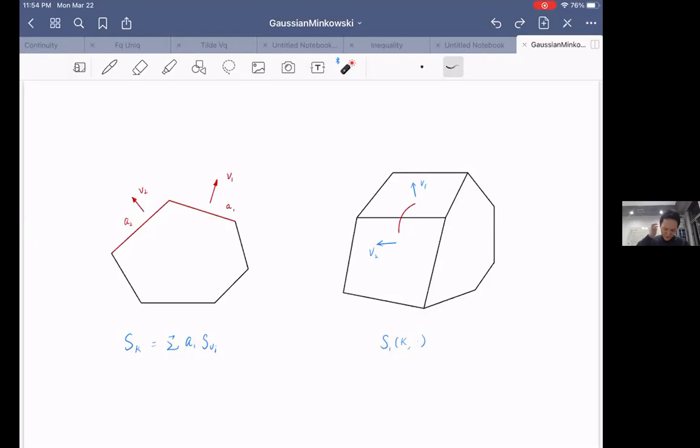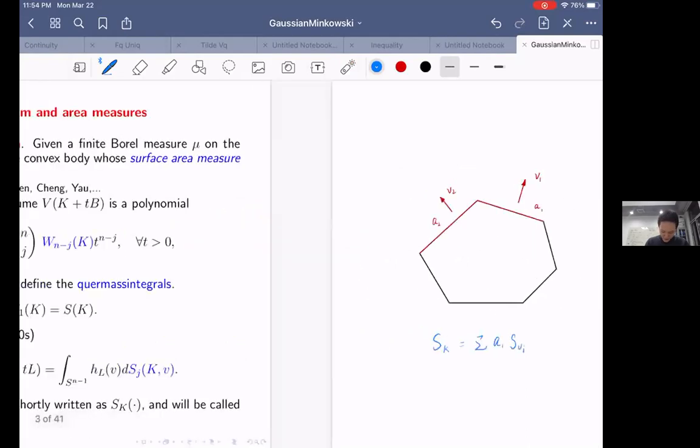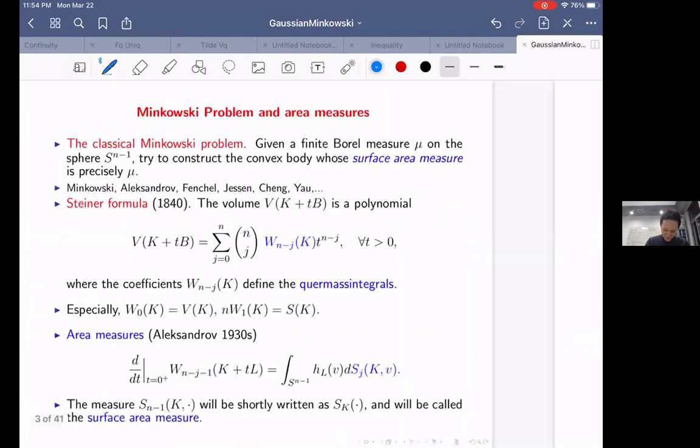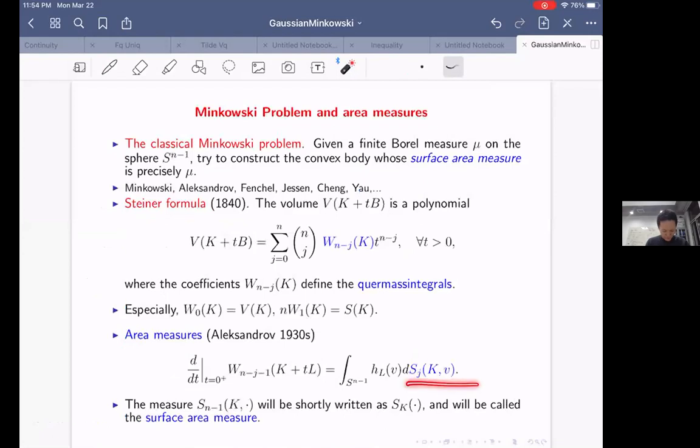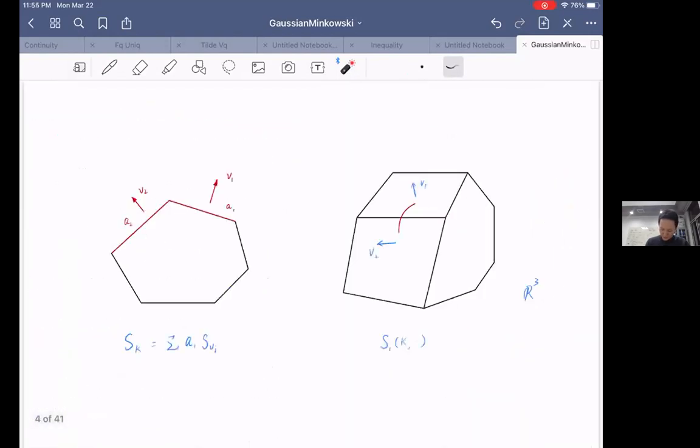And in the higher-dimensional case, for example R^3, S_j will describe other interesting geometric information. For the polytope, S_1(K) will describe some information about the length of the edges and the angles between two adjoining faces.